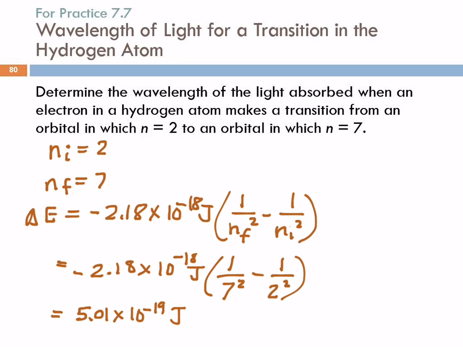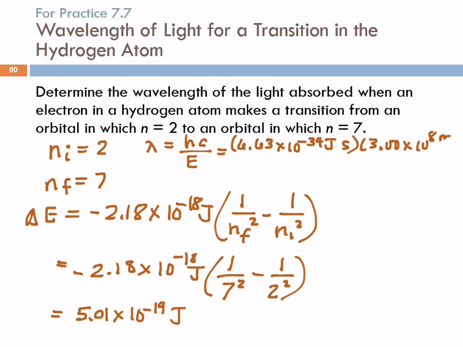On one of those previous slides, we saw that wavelength was hc over E. So Planck's constant, 6.63 times 10 to the minus 34 joule seconds. Speed of light, 3.00 times 10 to the 8th meters per second.